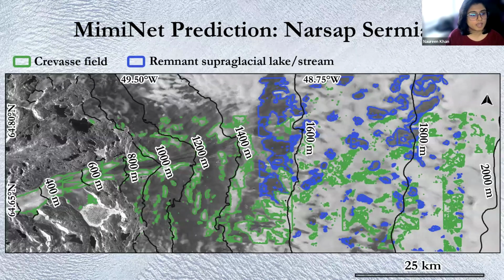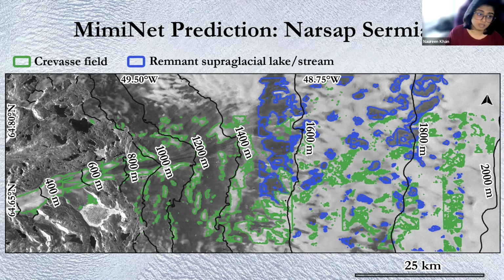And then here's a prediction for Narsap Sermia. Again, here's the Sentinel-1 imagery underneath, and over it are the detections from MimiNet, where greens are predictions of crevasse fields and blues are predictions of remnant meltwater features. In this case, I think I used three different models, and overall the predictions are merged together.